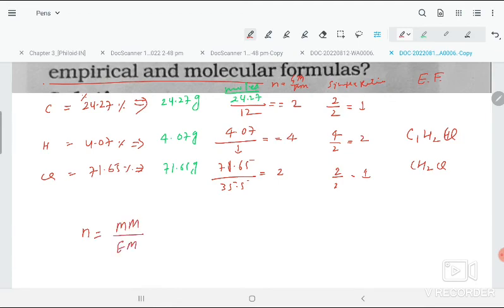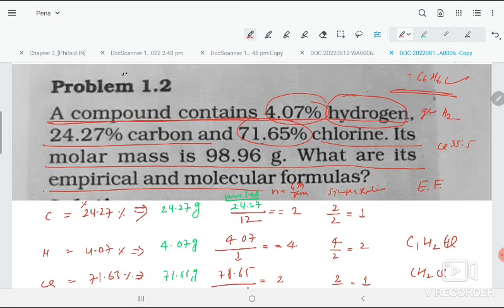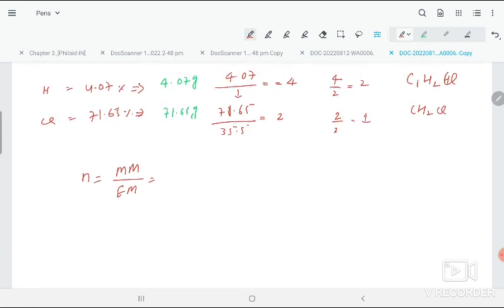Molecular mass given is 98.96. Empirical mass you can calculate: 12 plus 2 plus 35.5, which is 49.5. Dividing 98.96 by 49.5, it comes 2.